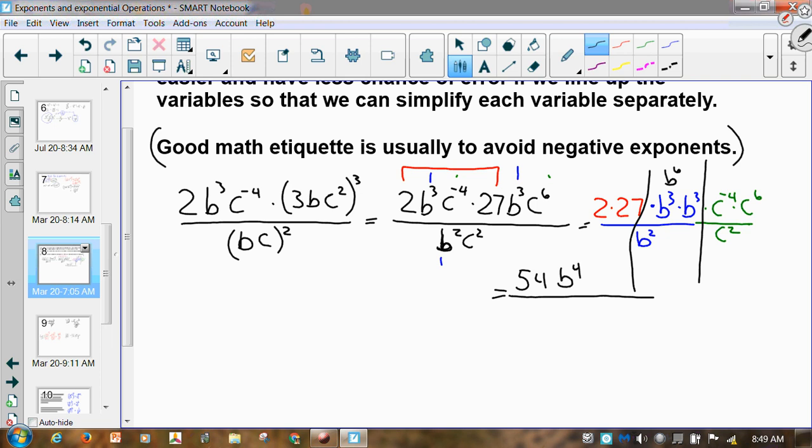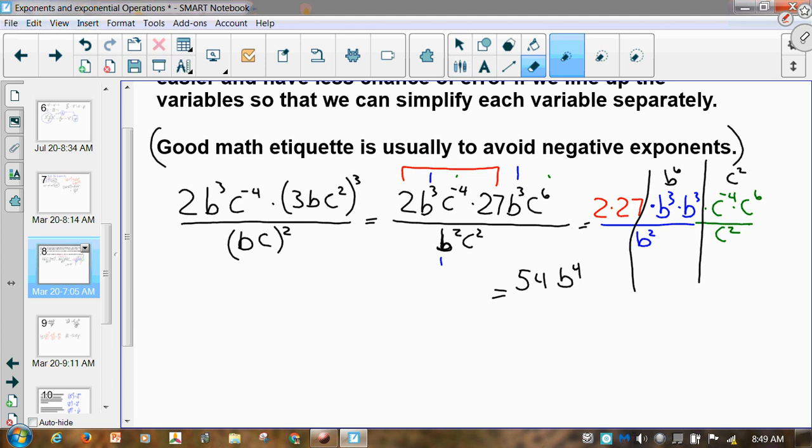And then we've got, oh, that's interesting. We got c to the minus 4 times c to the 6th, and that's going to be c squared on top, c squared on the bottom. What is that? That actually equals 1. I didn't need my denominator, my division sign here. So it's just 54 b to the 4th as my final answer.